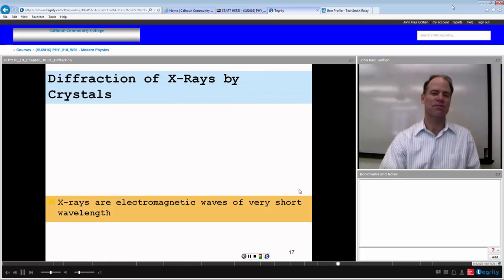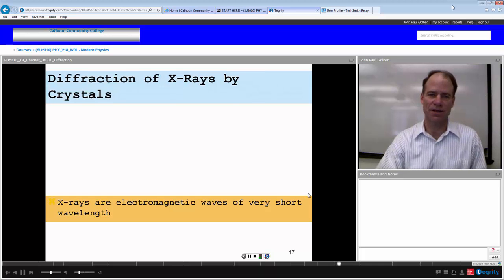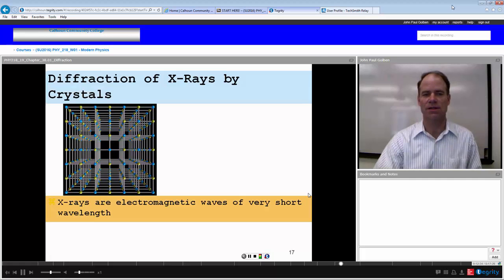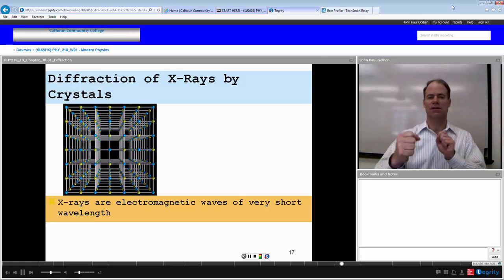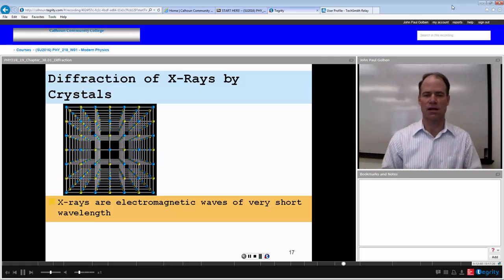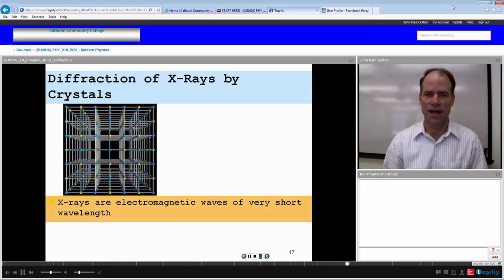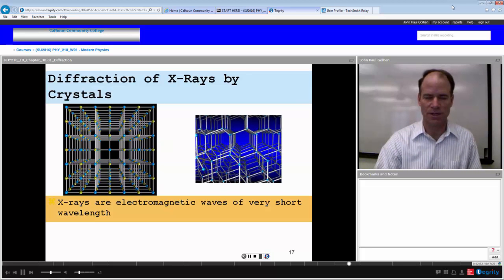We could also have diffraction of X-rays off a 3-dimensional solid in the form of a crystal. The crystal has a nice layered structure of atoms within the solid, and if it's a good crystal, then these layers will be consistent all the way through. The spacing of those layers between atoms is on the order of the wavelength associated with X-rays.